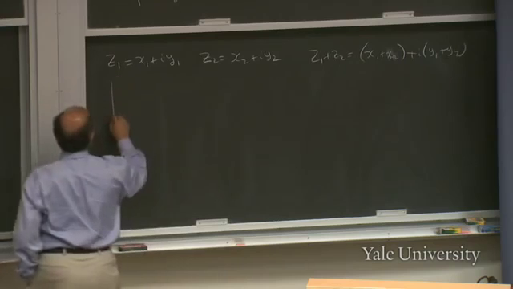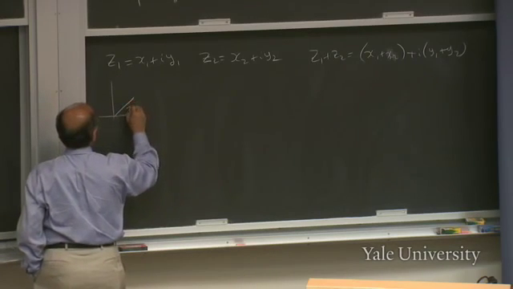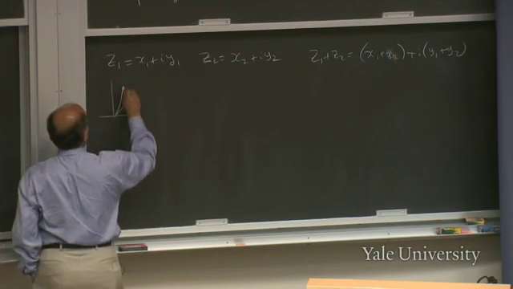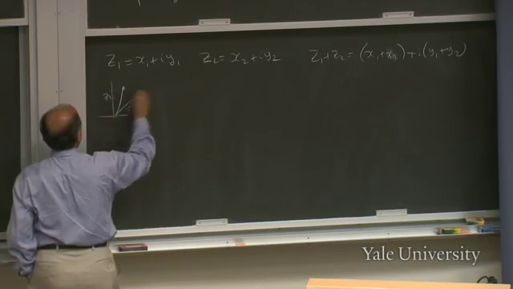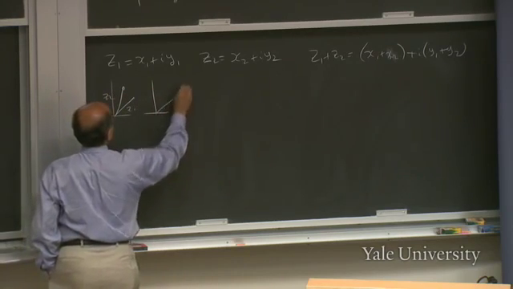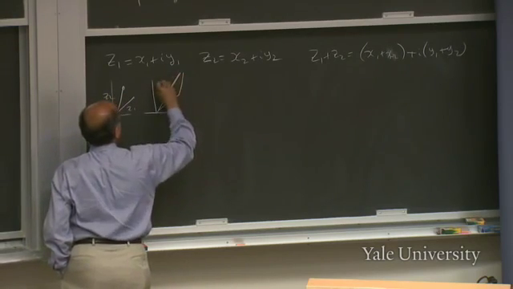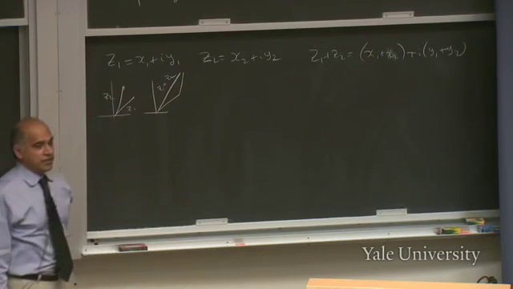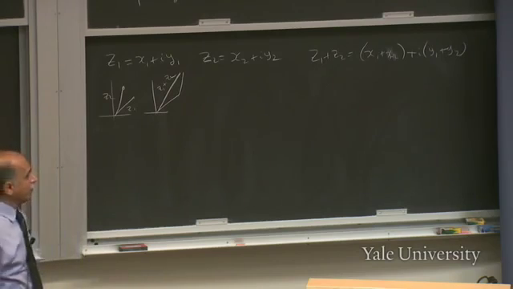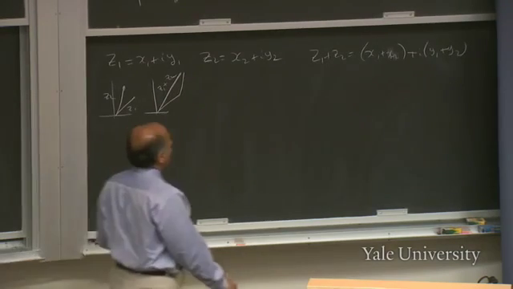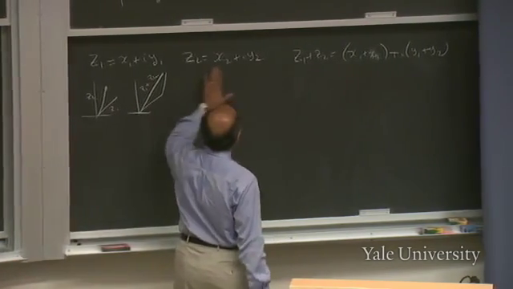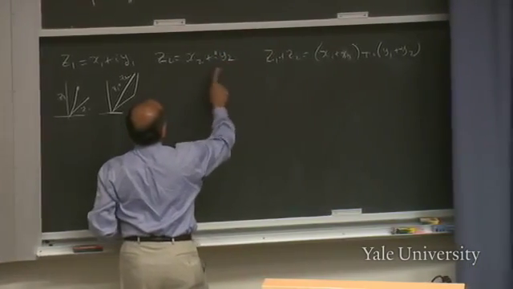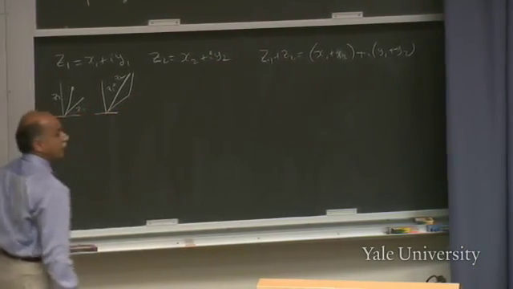If you draw pictures, then if z1 is that number and z2 is that number, then z1 plus z2 is like adding vectors. This number is z1 plus z2. It's exactly like adding vectors. But you don't think of this plus that as two disjoint numbers, but as forming a single entity.